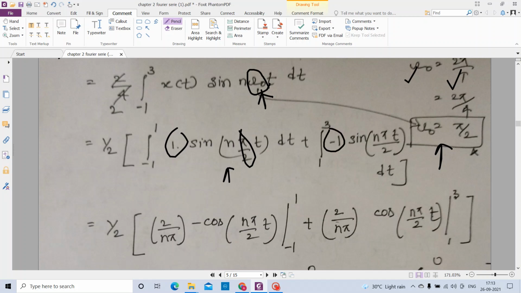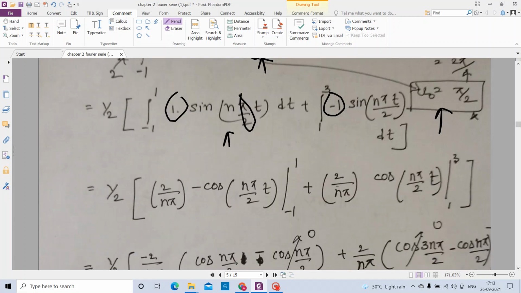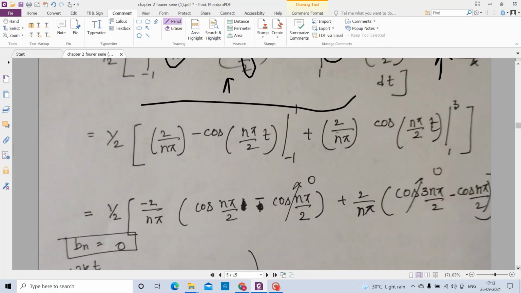So integral from 1 to 3, magnitude minus 1, sine of n pi by 2 into t into dt. Afterward, we just have to integrate these two terms. After integrating, we will get this equation.